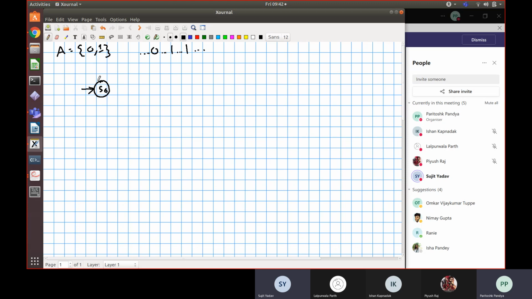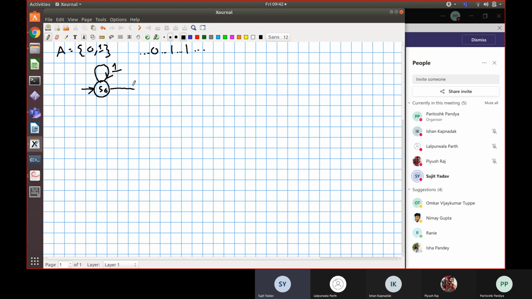Sir, after S0, it might be because before 0 there can be some numbers. Yeah. But what letters can be there before 0? We have only alphabet 0 and 1. Means 1 can be there before, and arbitrarily many ones, right? So as long as ones occur, we stay in S0.